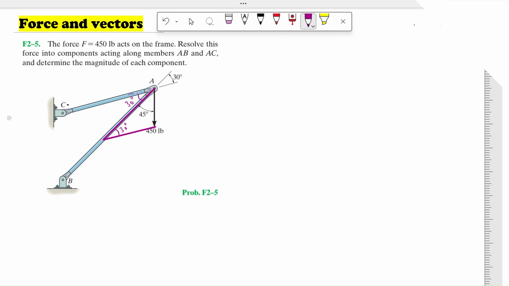If this angle is 30, this angle will also be 30°. This is from basic geometry that we have found from this hidden information. We first found this angle by the opposite angle concept, and from this angle we found this angle from the alternate angle concept.